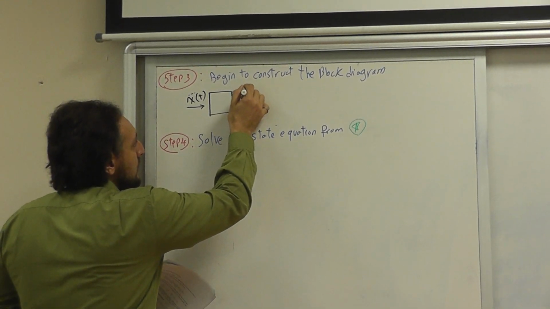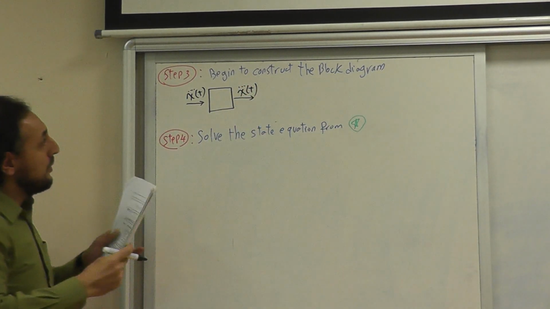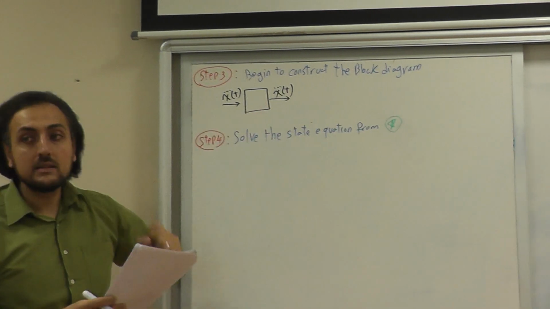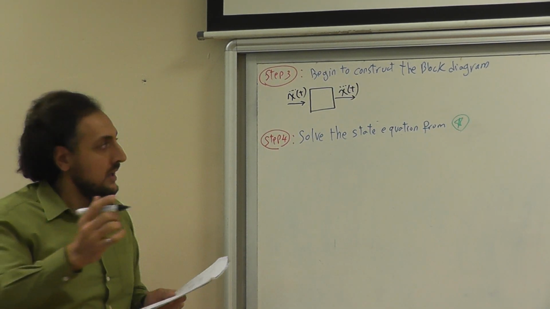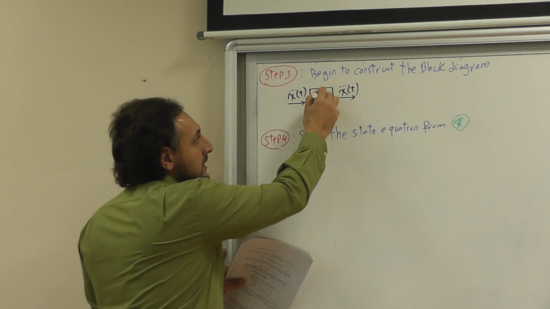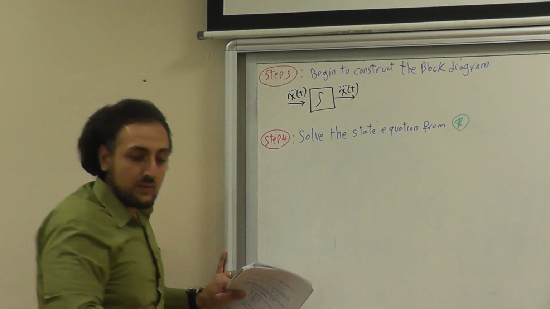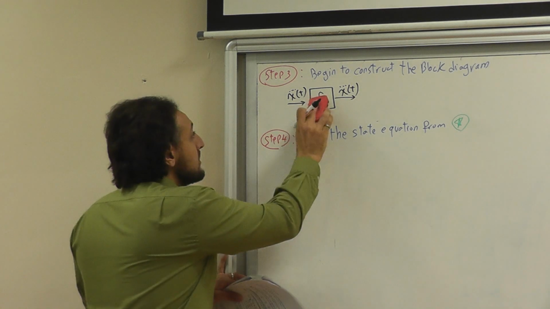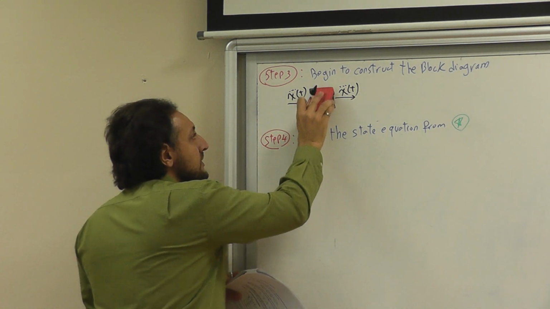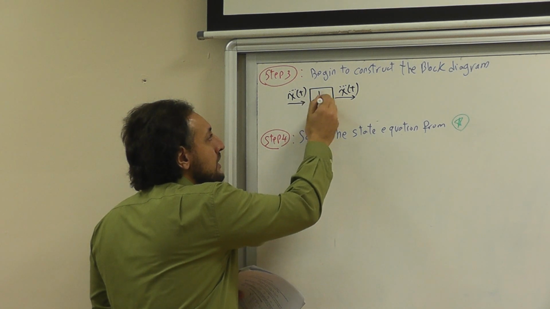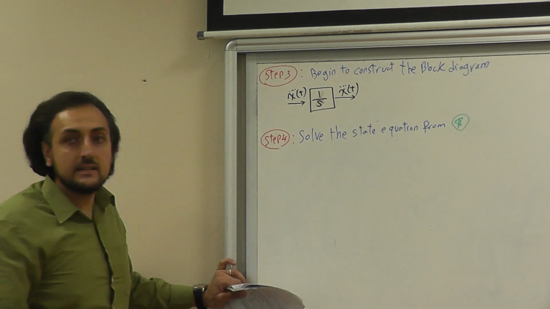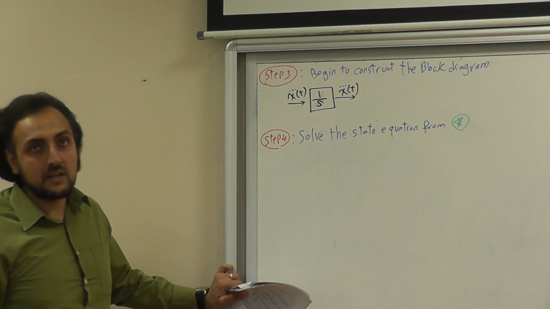x 1, 2, 3 t. How we can change this to this? What I mean? Integrator, okay? So integrator you mean this, right? Yes. Or for Laplace, we have a different way. If you write 1 over s, this is the integrator for Laplace.